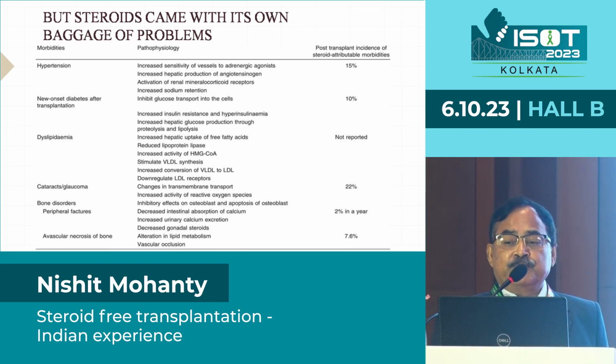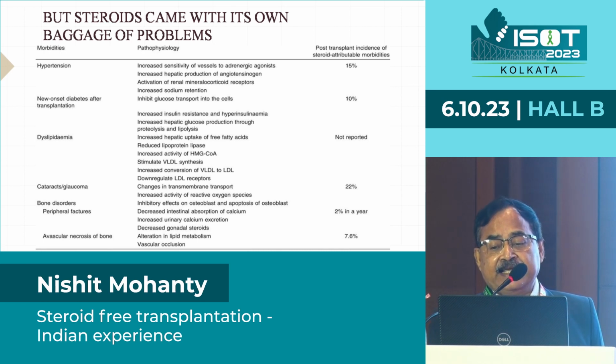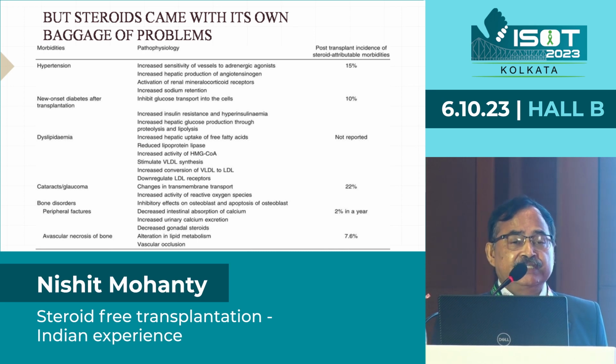Hypertension is around 15%, NODAT more than 10% of cases, and fractures are also very common in this group of patients. So when they found that steroid is good for transplant, it prevents rejection, but it came with a lot of complications, people started thinking to reduce the amount of steroid or stop steroid in their transplant patients.